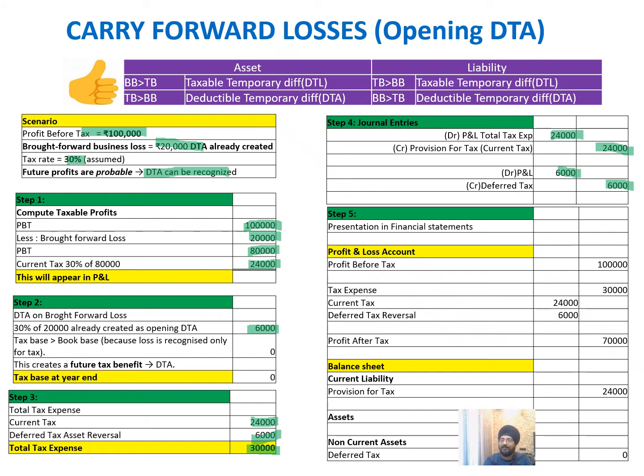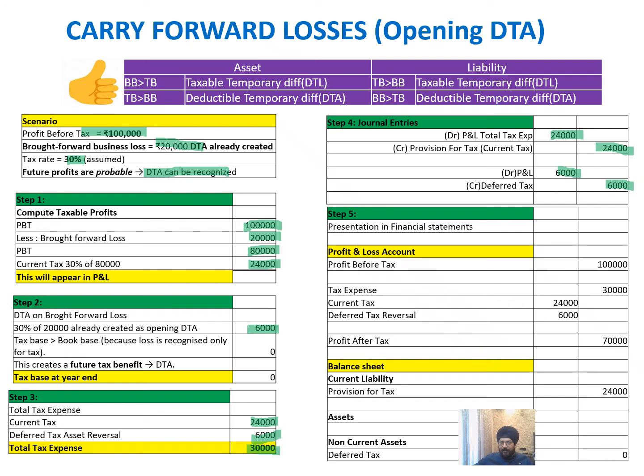When I created the DTA on the losses, I had credited my PNL last year, so the effect to my PNL has already been done. We cannot again give the same effect here. So we have to give a neutralizing effect here by creating the debit in my PNL and crediting my DTA which was created last year.